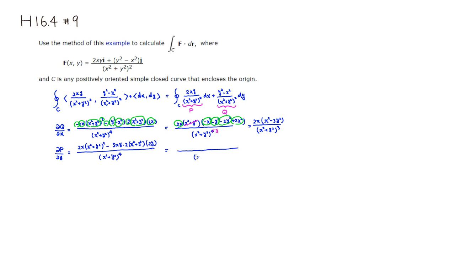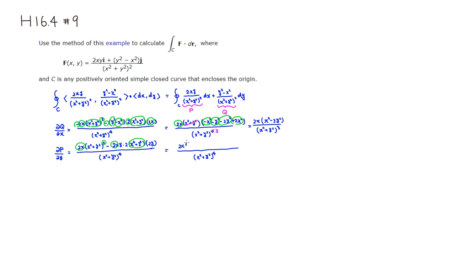You have the same denominator as before. There's a 2x here and a 2x there, so I'm going to pull out the 2x. Again we have x squared plus y squared, two of those, so I take one.